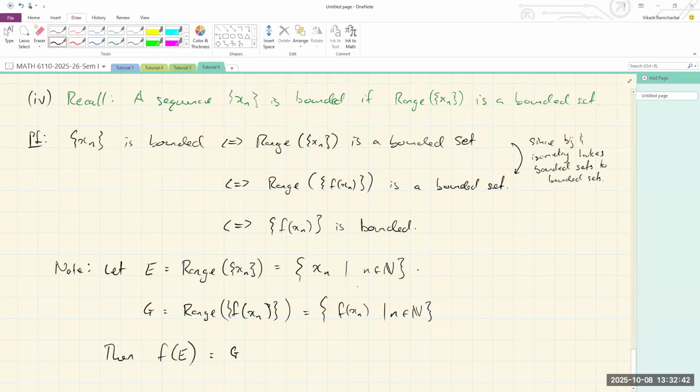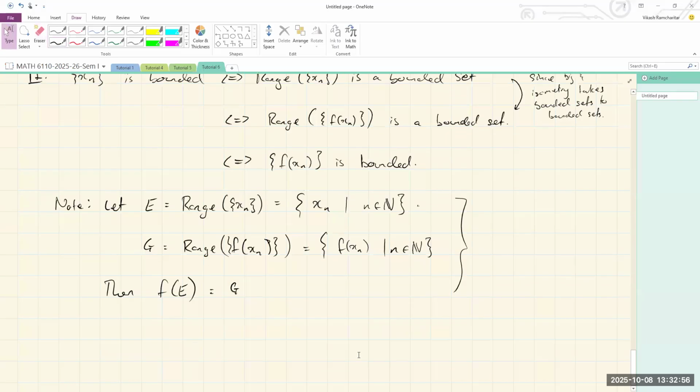I'll leave this for you to try to prove. It's very easy if you just sit and think about it, because if you take any element in f of E, it is f of a term in the sequence. So any element in here will look like f of xk for some k.